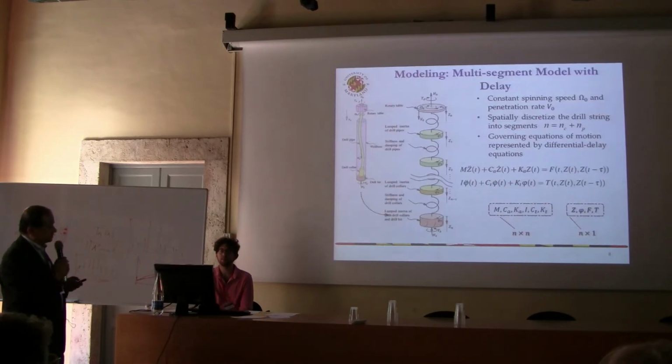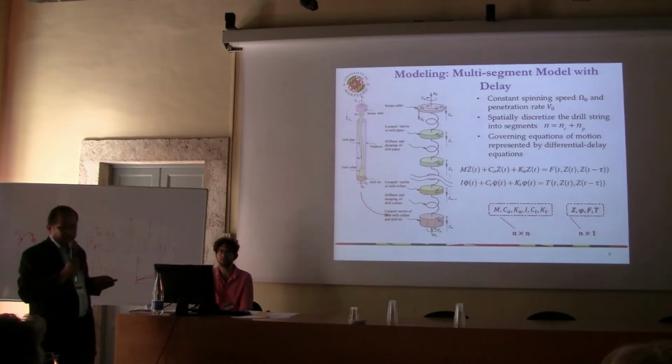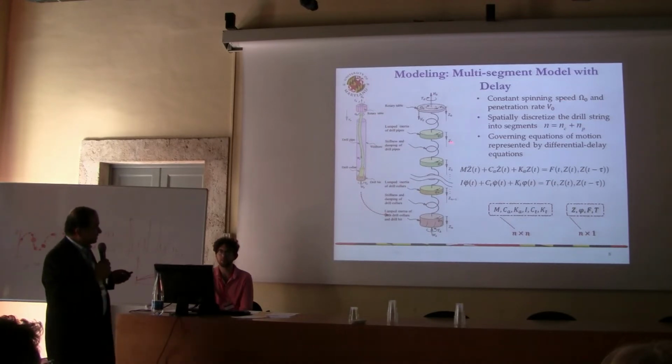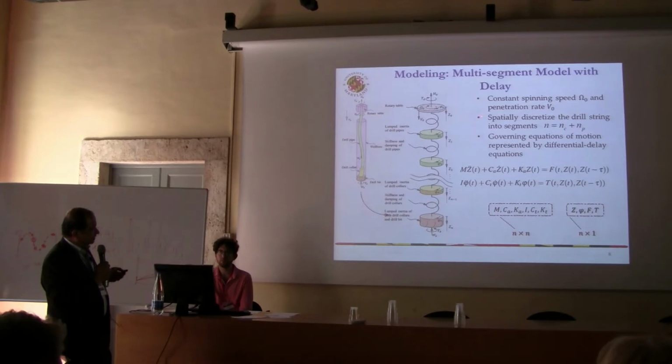In terms of the model that we develop, we focus on axial-torsional dynamics. That means the up and down motions of the drill string and the twisting motions of the drill string. At each state you have a vertical displacement and a rotation, with elastic interconnects in between, and through that you can come up with a reduced model in which all the delays are captured on the right-hand side, in the weight on the bit and the cutting torque.